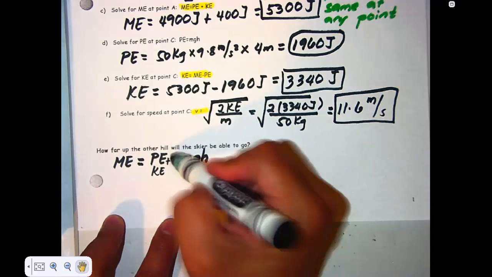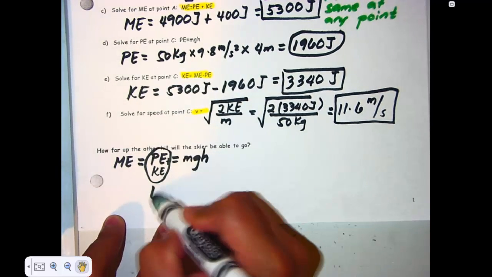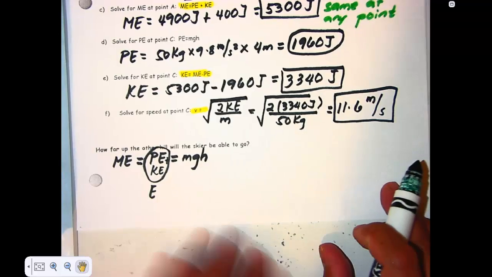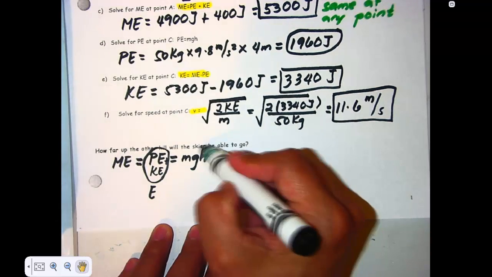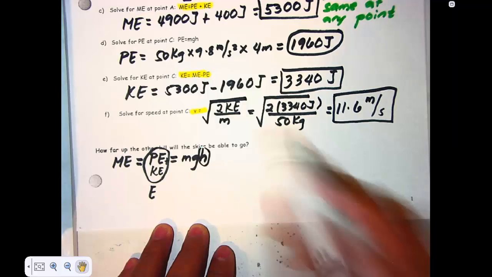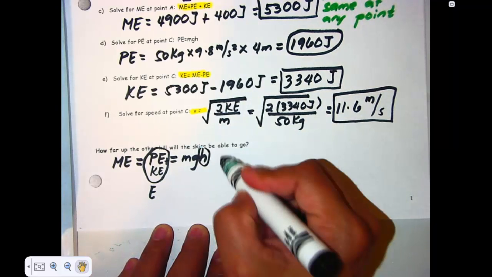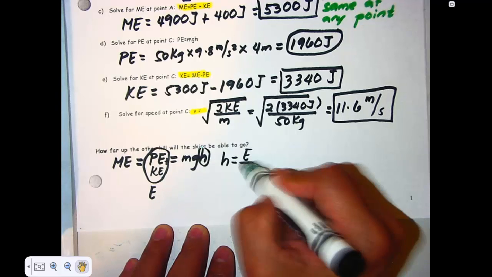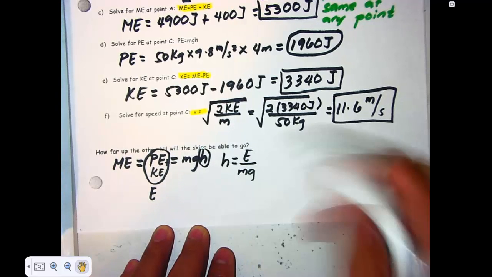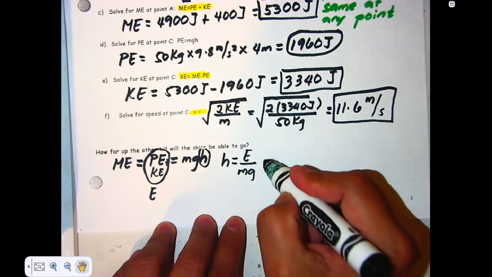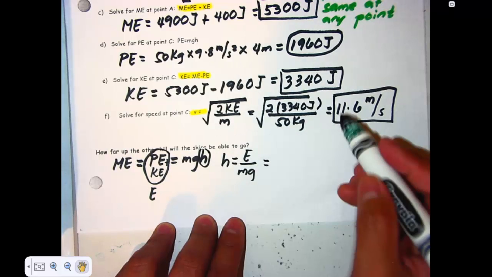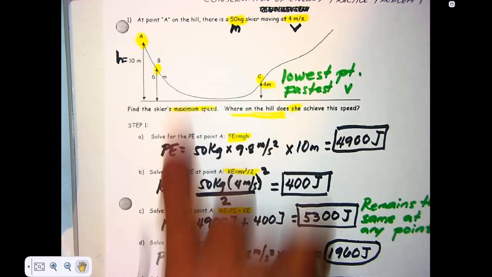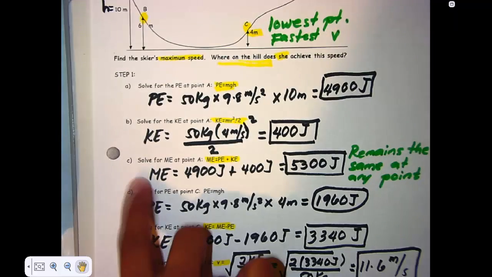So the whole energy of the object will give us the height. To get your height there, you will use H equal to the total energy divided by M times G. Since the total energy at that point is the mechanical energy, at point A, again, your total mechanical energy is in letter C, which is 5,300.